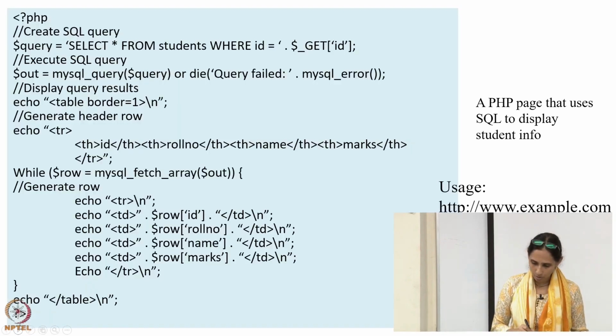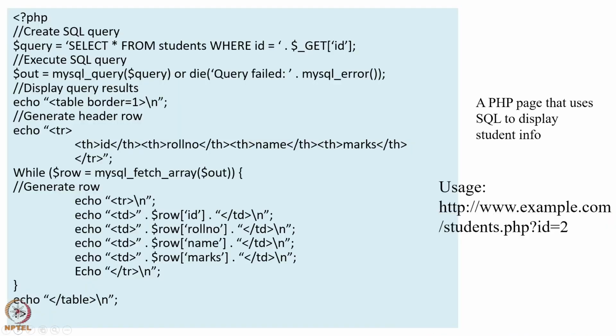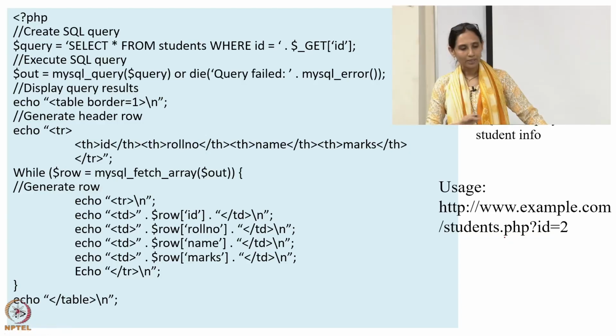So, again let us see how things are. This thing may look a little bit complicated, but it is not. So, let me just go step by step. So, this is an example. By the way, this does not have any attack yet. I will get to the attacks later.